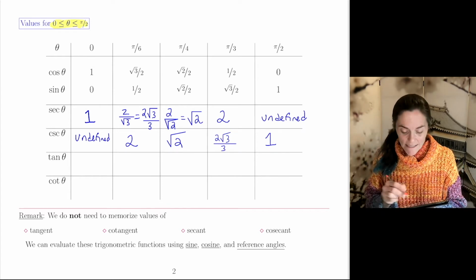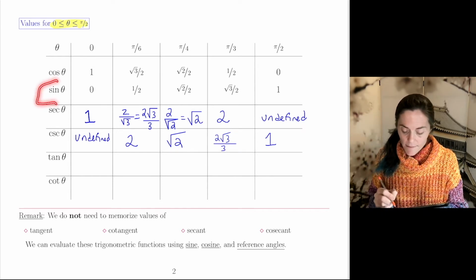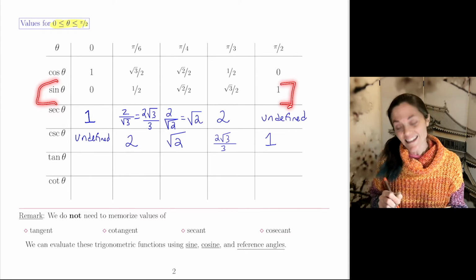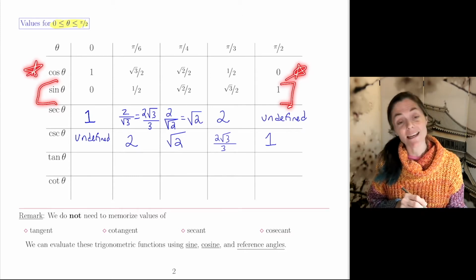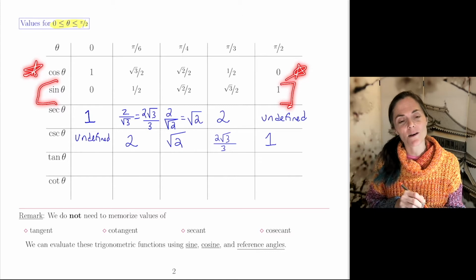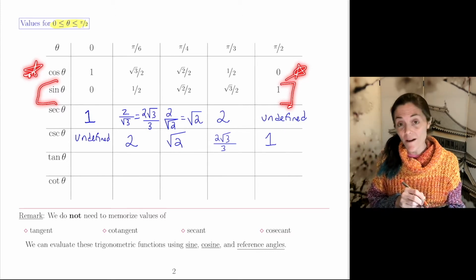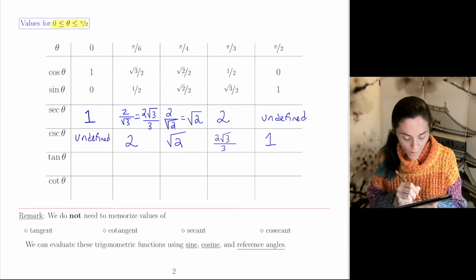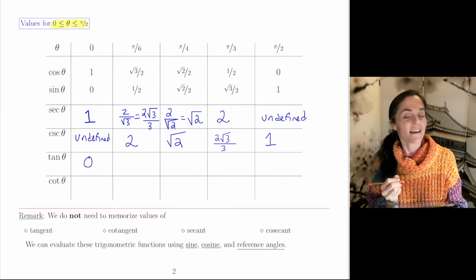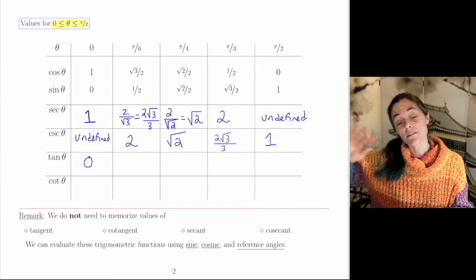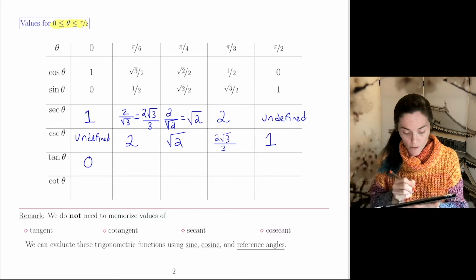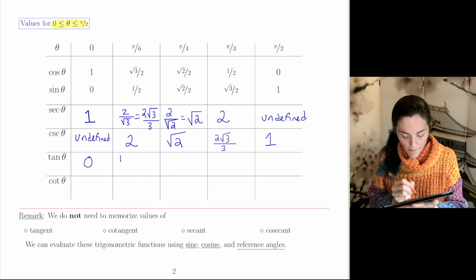For the tangent, you see we take this line, sine, and divide by this one. The tangent is sine over cosine. And so for each entry, we take sine divided by cosine to get the value of the tangent. Well, 0 over 1 is 0. And then if you have 1/2 divided by square root 3 over 2, this will be 1 divided by the square root of 3.